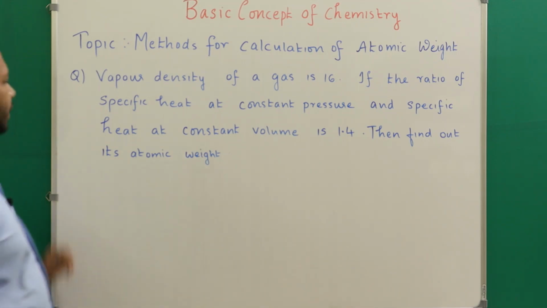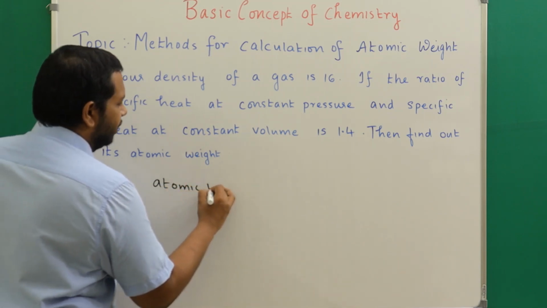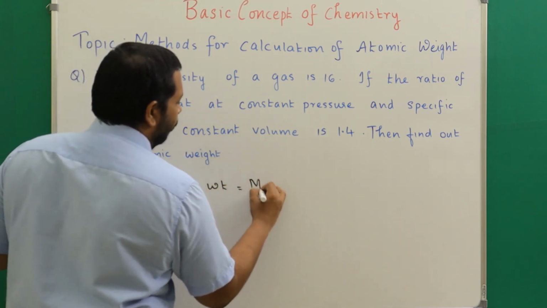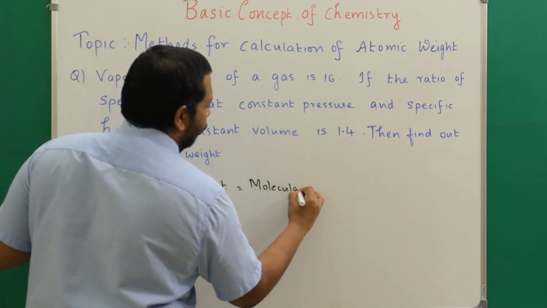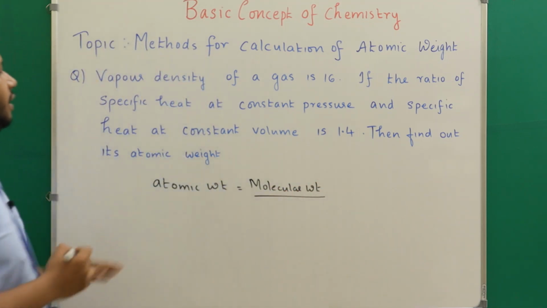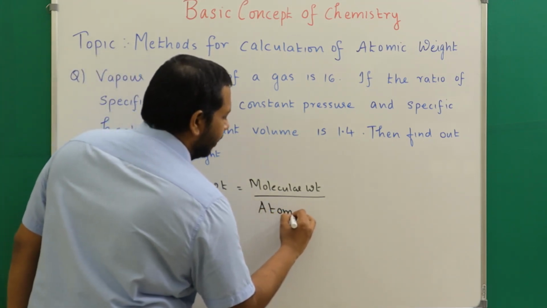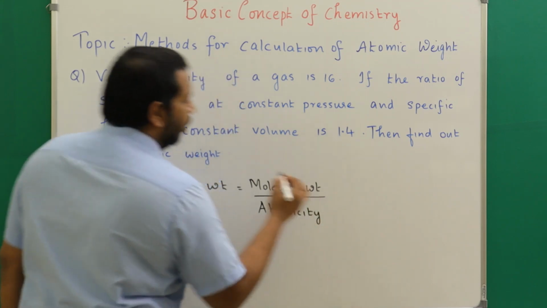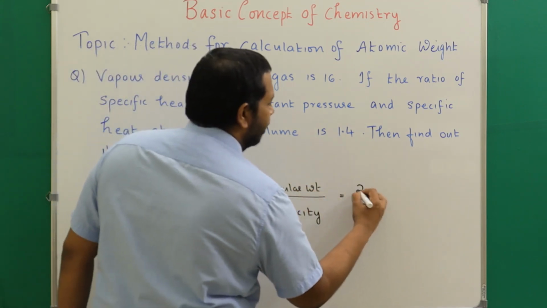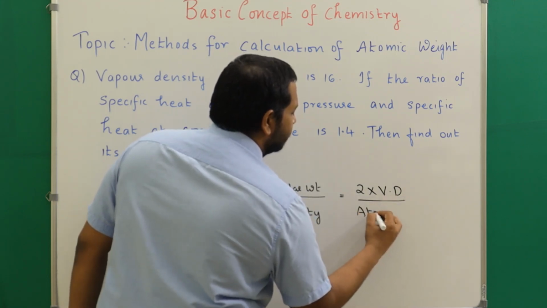Okay, so we know that atomic weight is equal to molecular weight divided by atomicity, correct? Now the molecular weight can be written as 2 times vapor density, and this is atomicity.